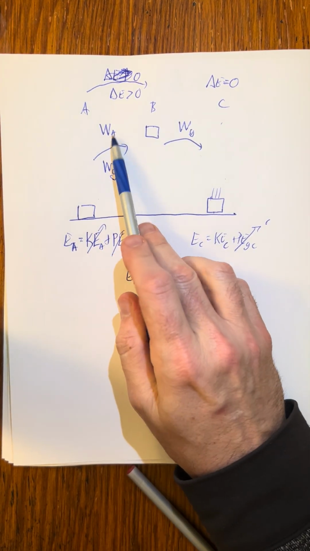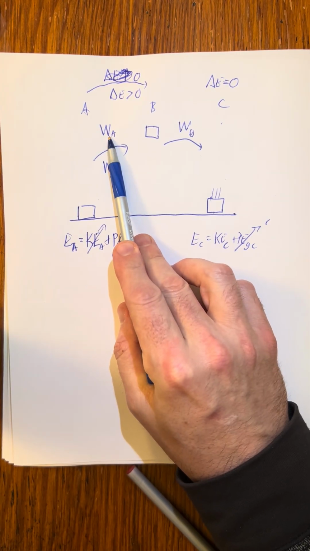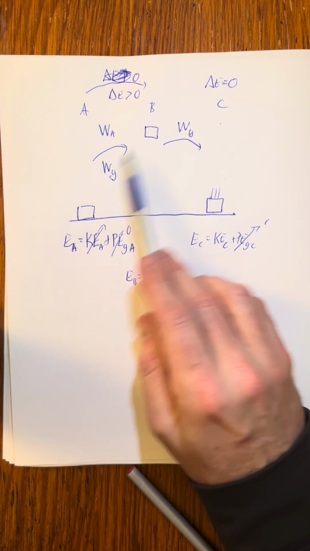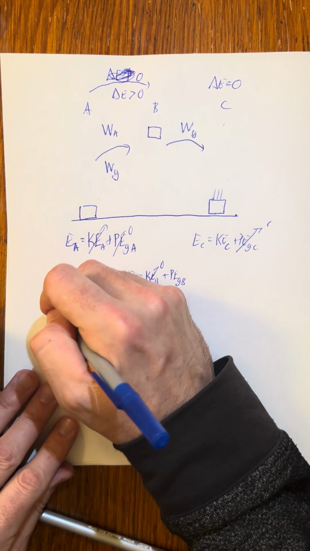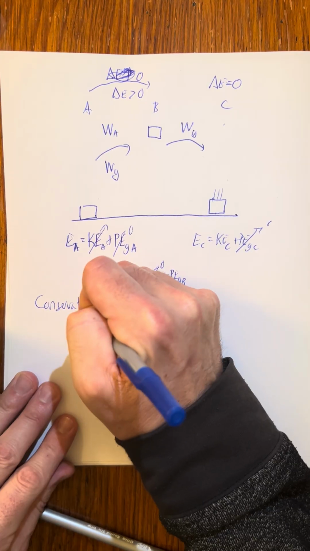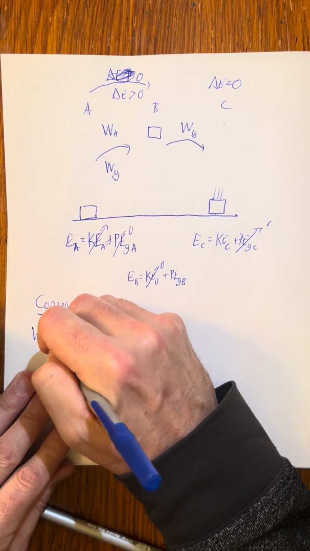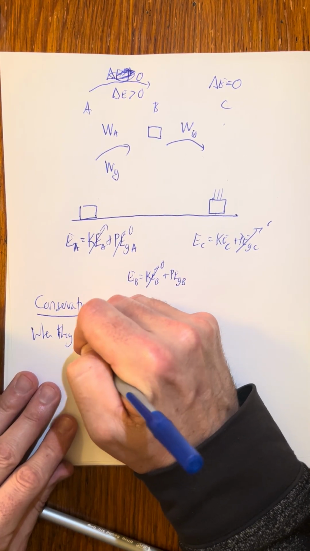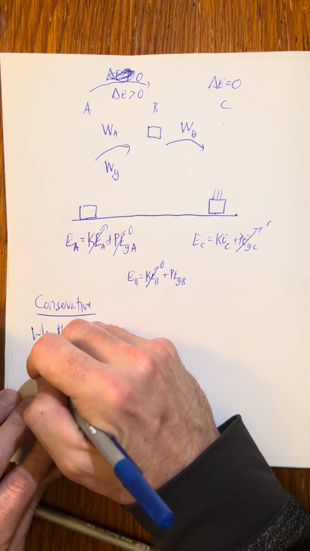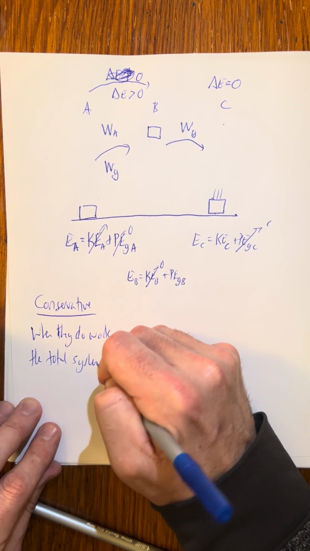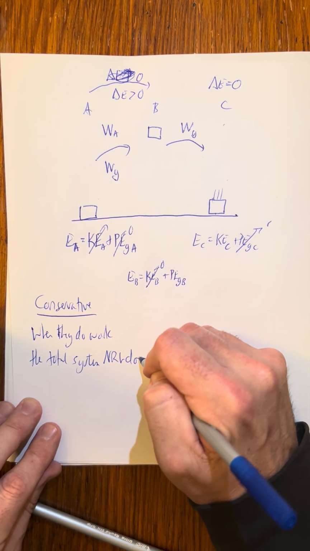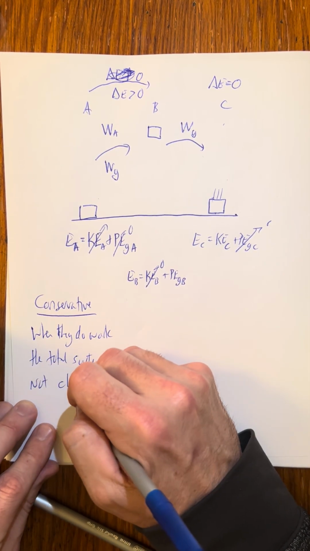Okay, so what's different between the two situations? Well, it's the existence of the applied force here, right? Because the work done by gravity is there in both places. So another aspect of these types of forces is that for conservative forces, when they do work, the total system energy does not change.